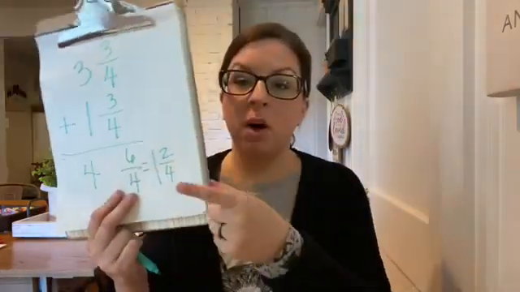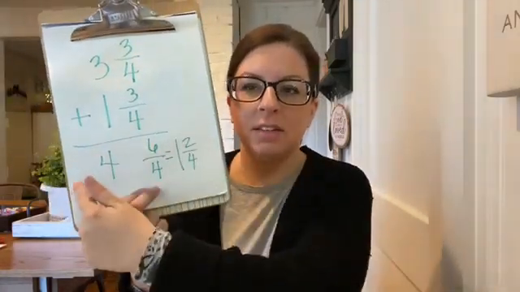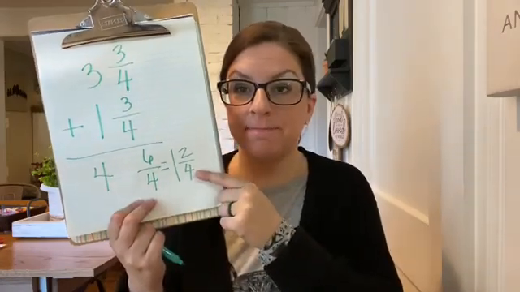With how many left over? 2. Okay, so now I have 1 and 2/4. All right, before I give that to this, what can I do to that 2/4? I can reduce it, okay, and make it 1/2.